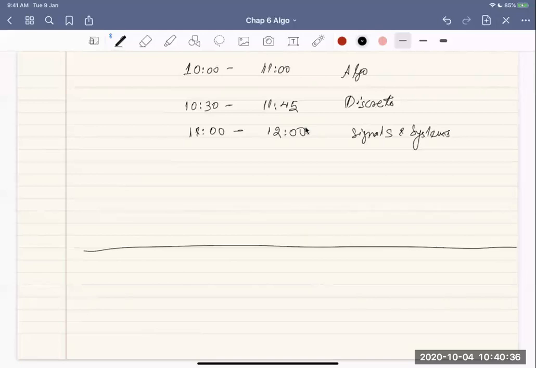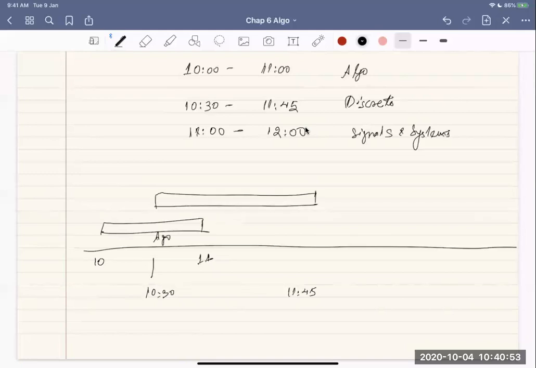So algo is asking for the slot 10 to 11, 10:30 to 11:45 is discrete, and 11 to 12 is signals and systems.